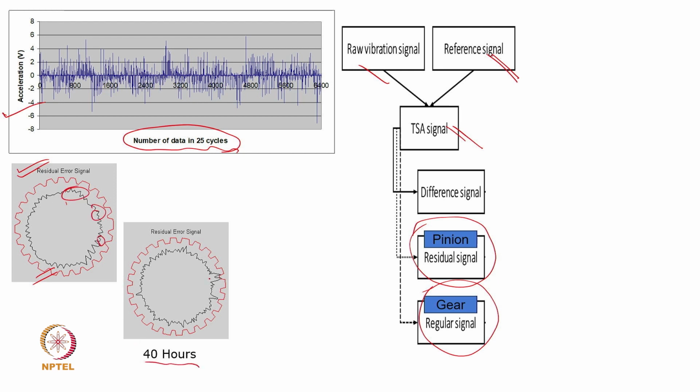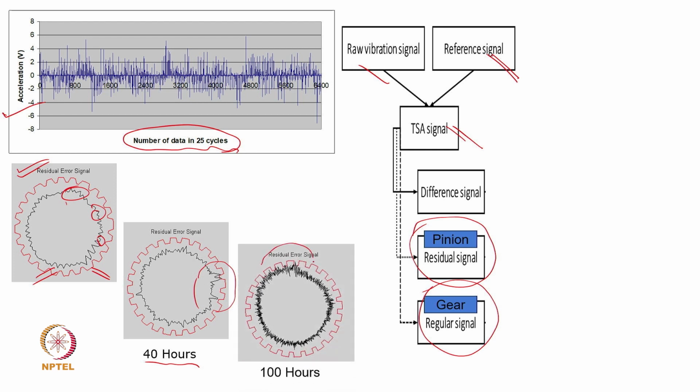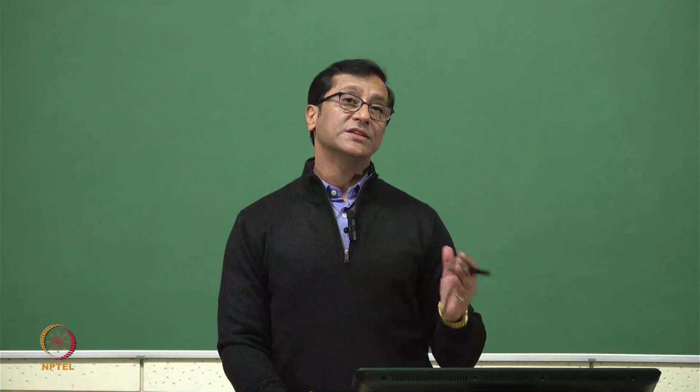After 40 hours I am getting a little difference in response, and here it has been shown for 24 teeth, and then it has been plotted directly on a gate surface. Here we are getting some response, and you can see here it is getting shifted to one side. That means there is some sort of wear and some sort of clearance has been created, and because of the clearance it is getting shifted.